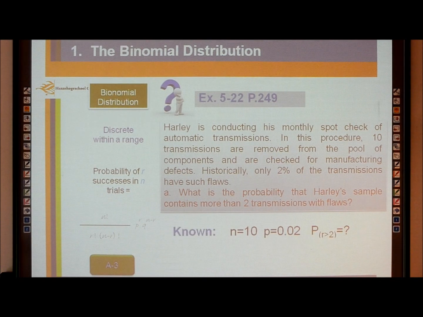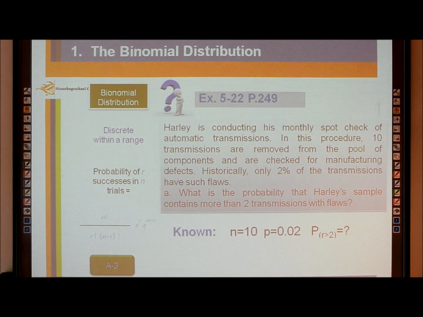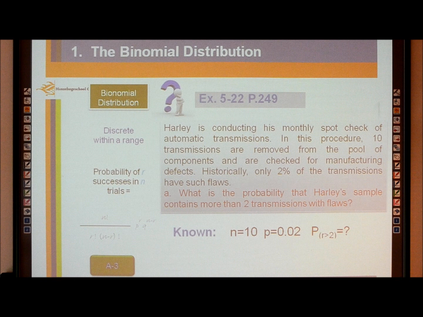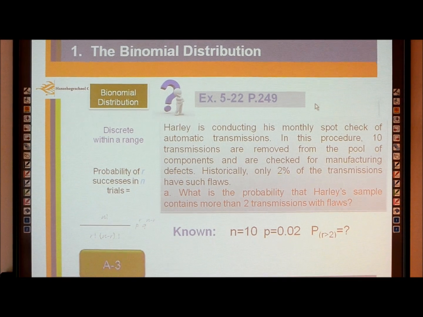In this question, we already know the sample size is 10 and the probability is 0.02. We want to know the probability that among these 10 products, more than 2 have transmission flaws.